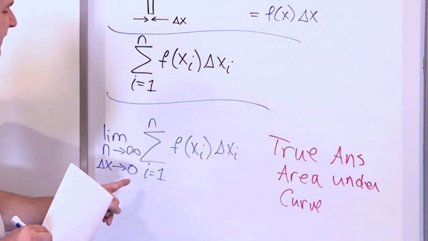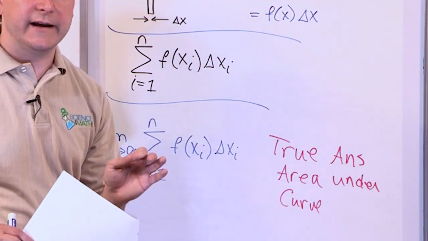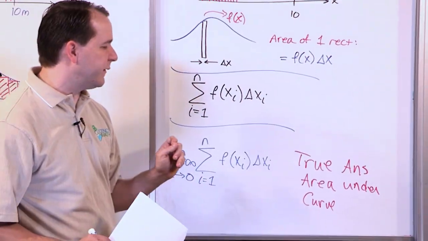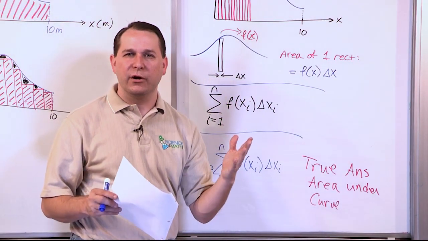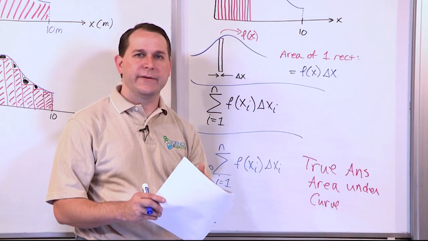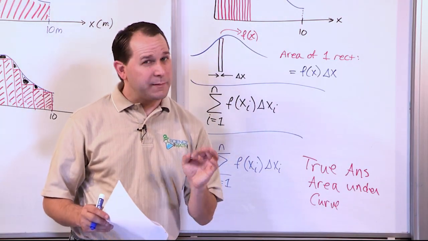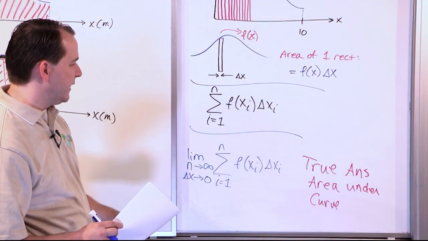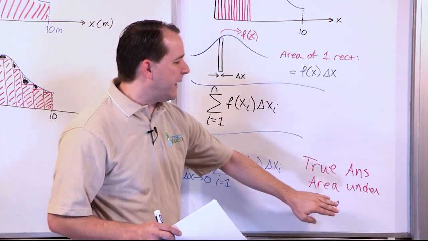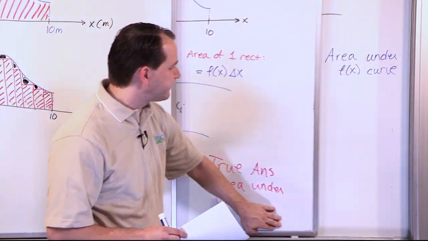So now we're basically summing an infinite number of rectangles, because we're making the number of rectangles go to infinity and the width go to 0. If we do this calculation in a computer with 100 million rectangles, we're going to be pretty darn close to the right answer if we take this limit like this. The answer you get is the total area under the curve.